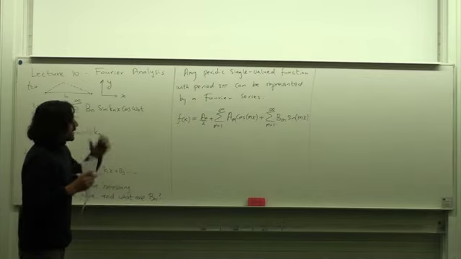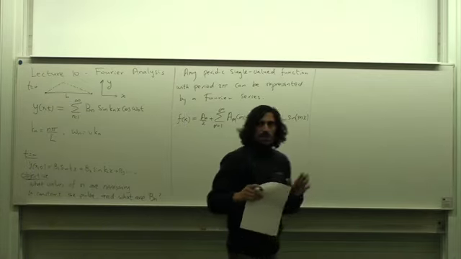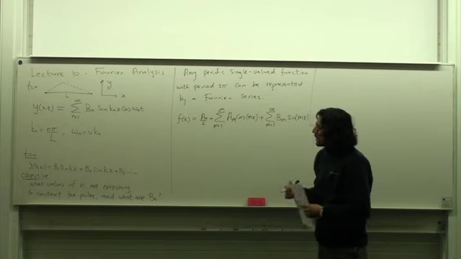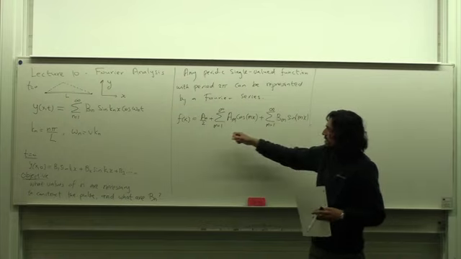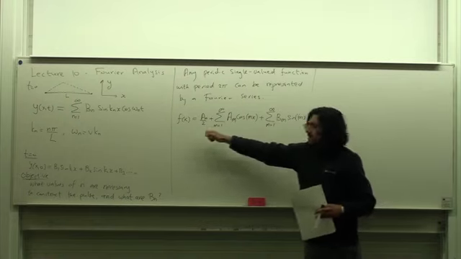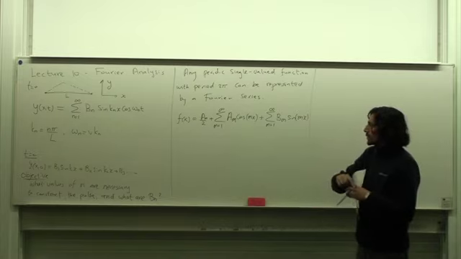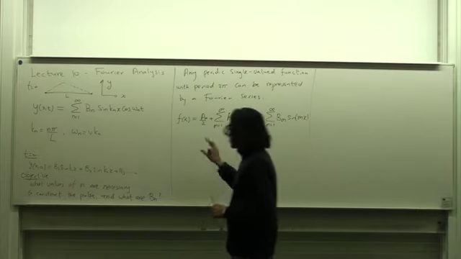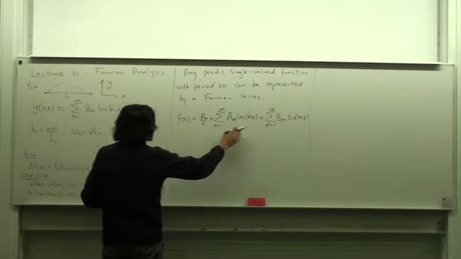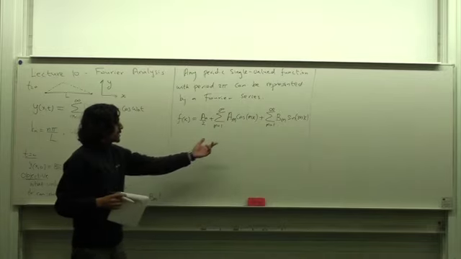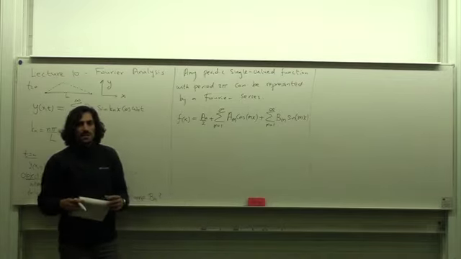Now, any periodic single valued function that you can think about, Fourier says that you can represent it in the following format. It can be a constant plus the superposition of these cosines and sines.